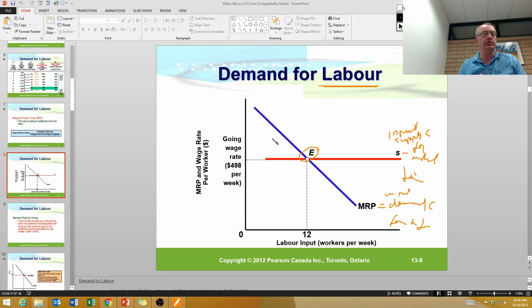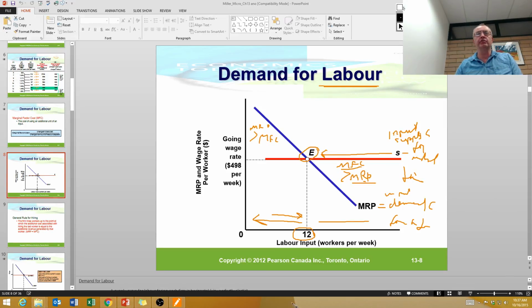We can easily check this, because if the quantity of input is less than 12, marginal revenue product exceeds marginal factor cost. So we can increase our total profits by using more labor and producing more product and selling it up to 12 units. And in this section here, marginal factor cost is greater than marginal revenue product, so we can increase our net income by reducing the quantity of input, because our marginal cost exceeds our marginal revenue.